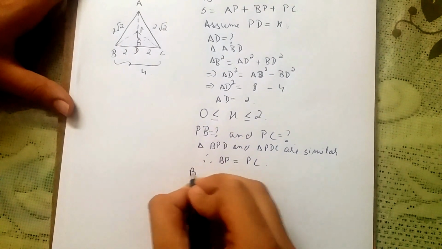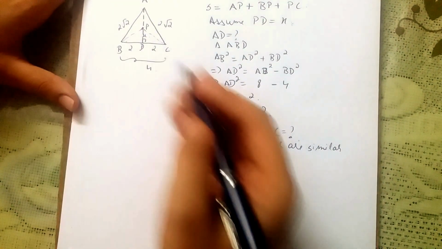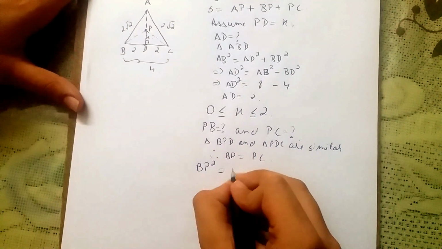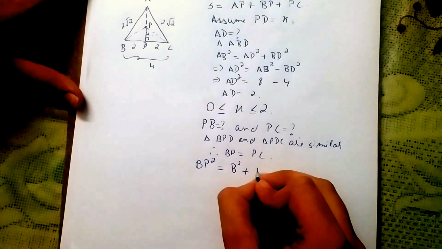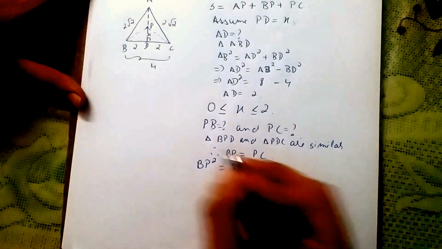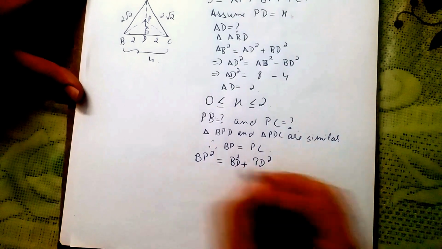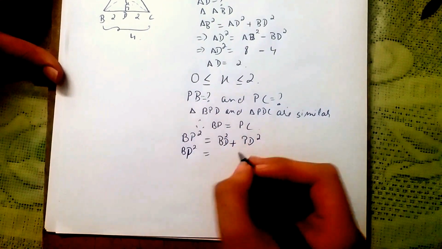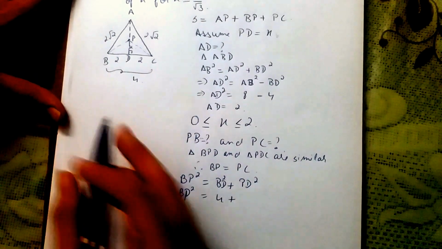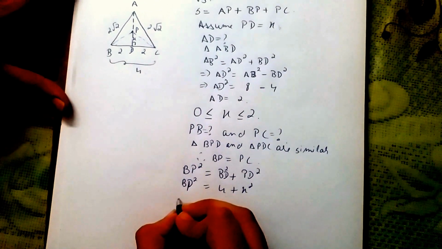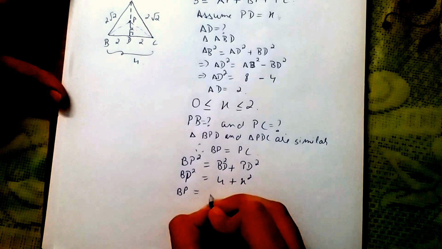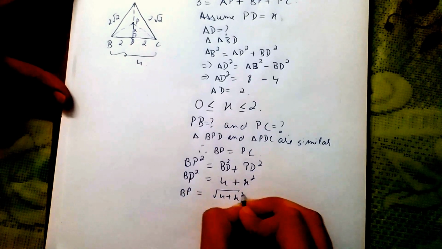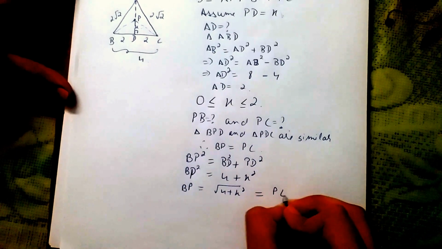We can find BP using Pythagoras. BP square will be equal to BD square plus PD square. BP square will be equal to BD square, which is 4, plus PD square, which is X square. BP will be equal to root of 4 plus X square, which will also be equal to PC.